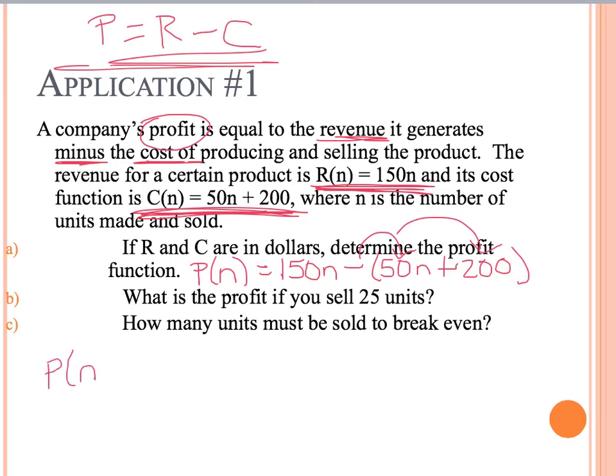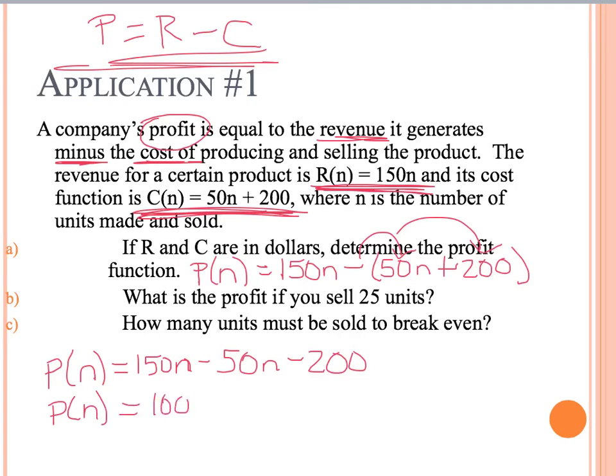So the profit for n units is equal to 150n minus 50n minus 200. And then combine my like terms, 100n minus 200. So there's my profit function.